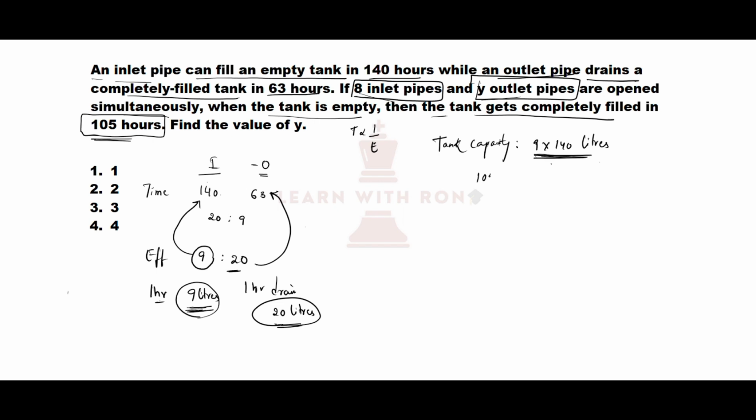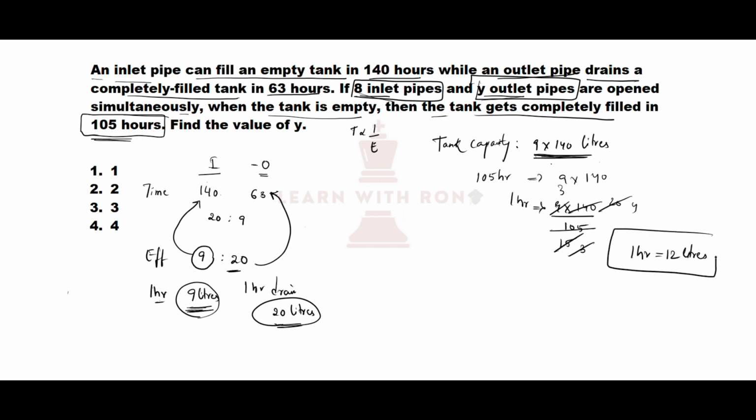So in 1 hour, how many liters are filled? Simply 9 into 140 by 105, right? Cancelling, 7 ones, 7 fives, 7 20s, 5 fours, 5 threes, 3 threes, 3 fours, 12. Means in 1 hour, 8 inlet pipes and Y outlet pipes opened simultaneously fill 12 liters.